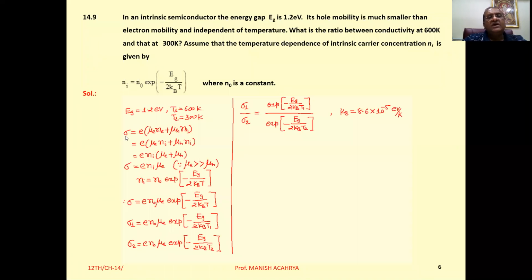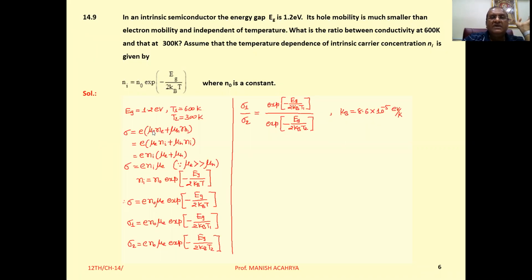Now conductivity. So resultant conductivity, that is conductivity due to electrons as well as conductivity due to holes. In the third chapter, we studied about mobility and we discussed this thing, the conductivity that is equal to mu e Ne into e.